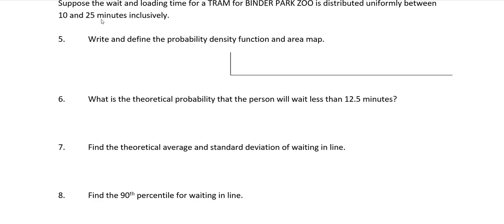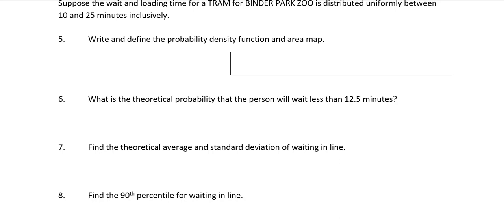So now instead of us getting going between 0 and 15 minutes, we're getting going between 10 and 25 minutes. 25 minutes being you waiting the full 15 for the tram and loading, and the 10 minutes is just getting there and loading.